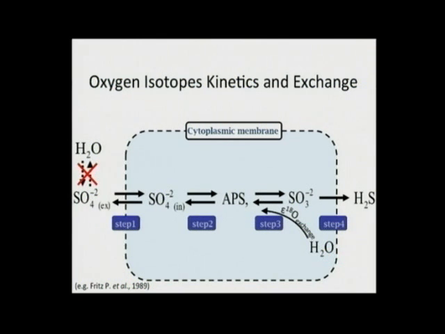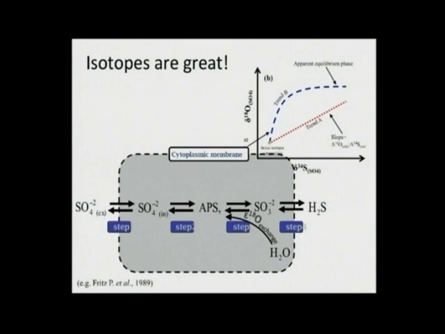What's going on here is that sulfate is going all the way to sulfite, and then it can exchange its isotopes with the water. This exchange happens very, very fast, on the order of minutes. And then if this sulfite is going all the way back to sulfate, we can see these equilibrium values. So basically what I want to say is that we have here a tool to understand the amount of recycling that we have in the system.